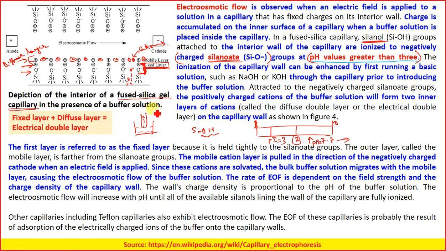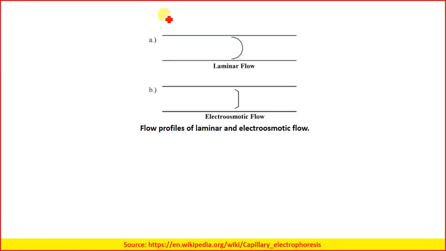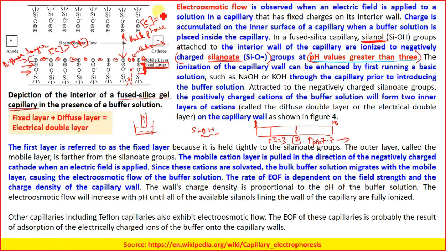They have a diffuse layer. Now, in this diffuse layer, what will happen? The concentration of the cations will be greater than the concentration of the anions, and then within this region you will have the bulk phase, where the concentration of cations will be equal to the concentration of the anions.